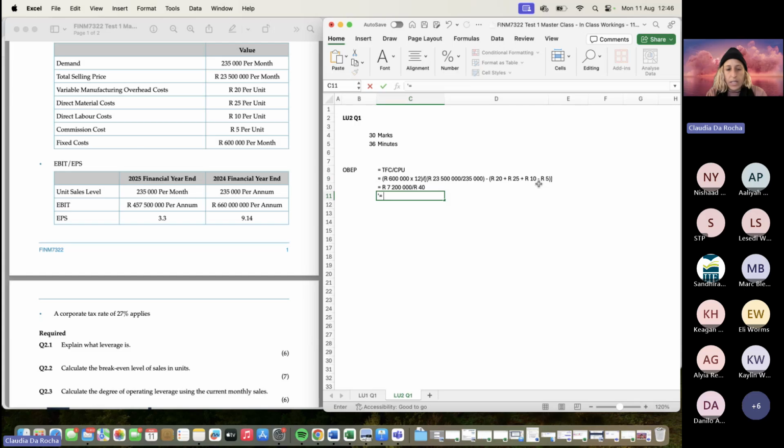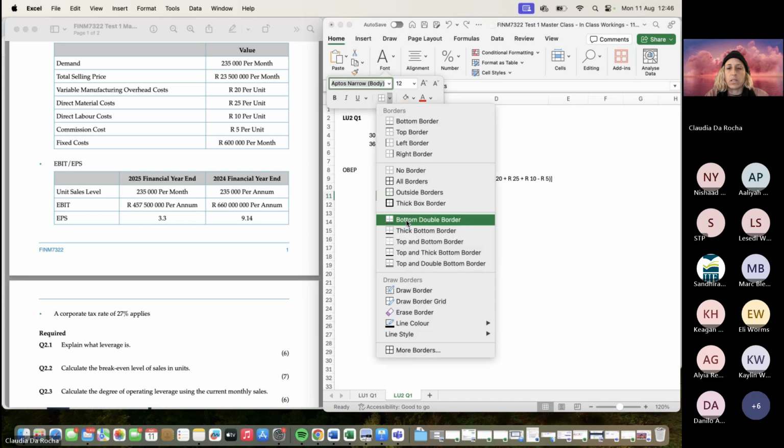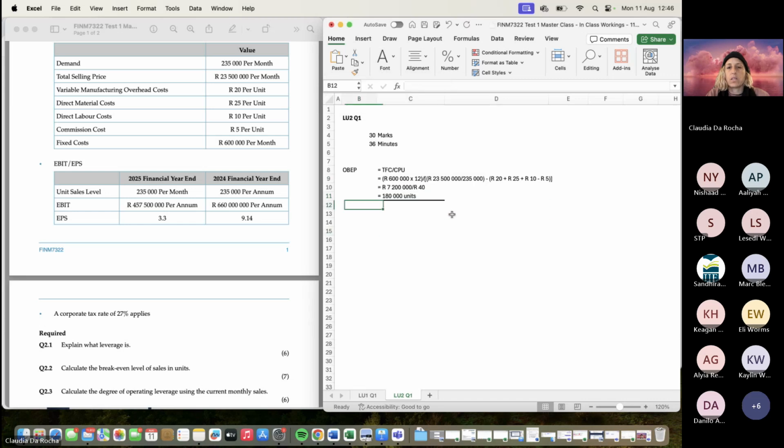And the answer is in units. That's what we're calculating. Right, that's the first one done.